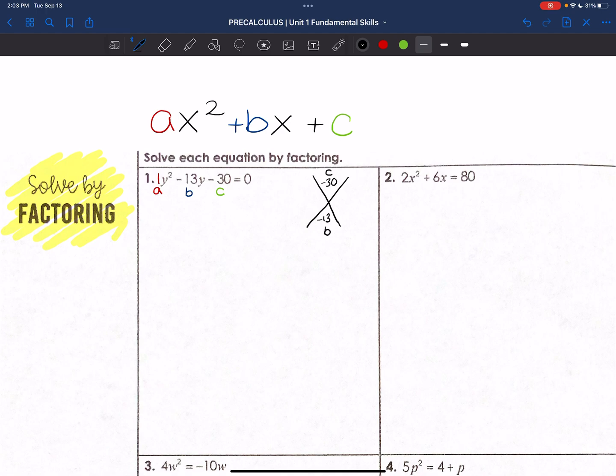What 2 numbers will complete our cross? Multiplying to give us negative 30, but adding to give us a negative 13. All right, well, the correct response would be a negative 15 and a positive 2.